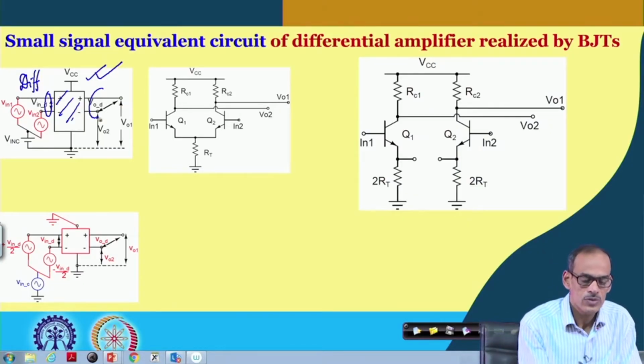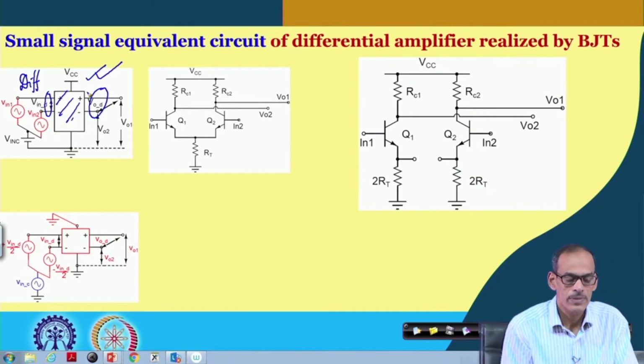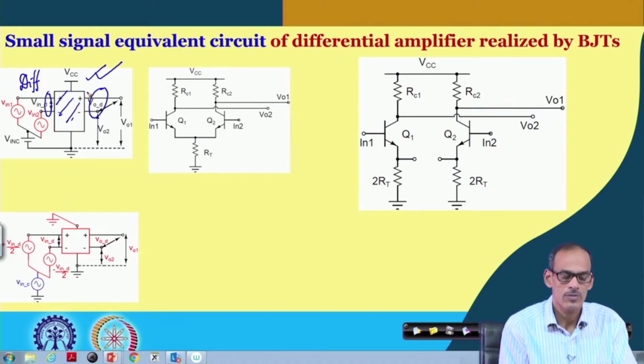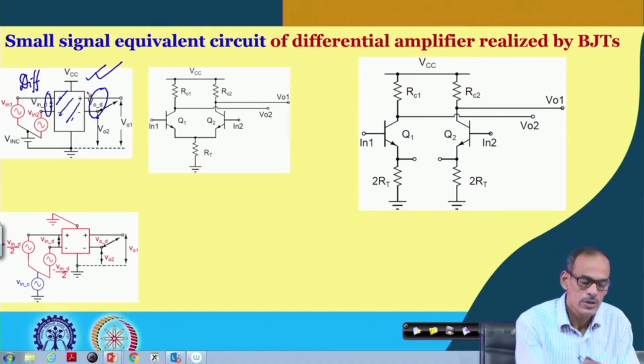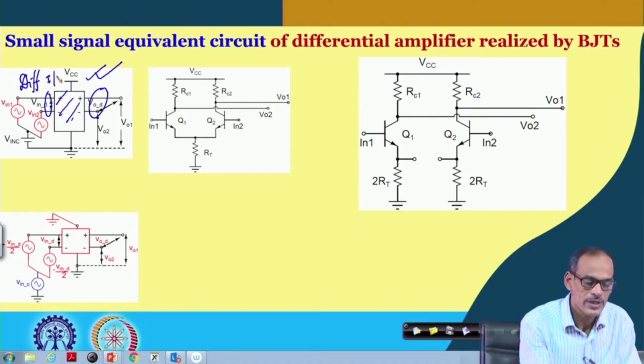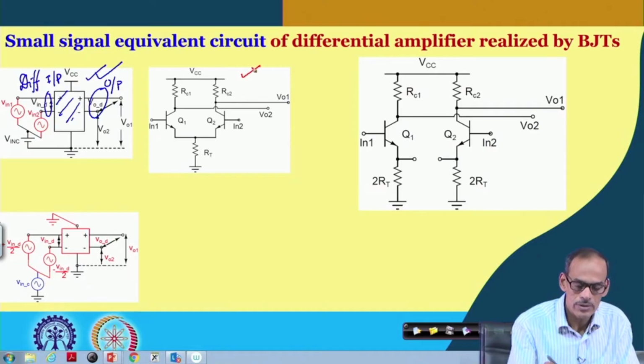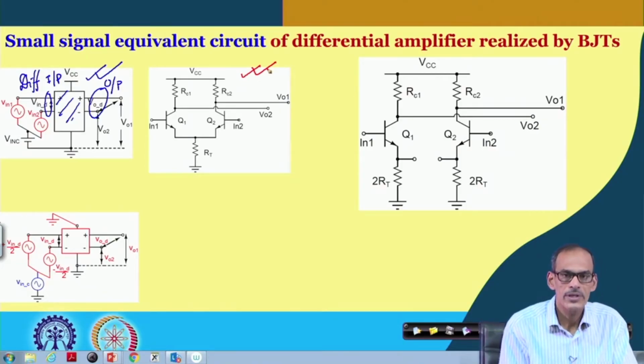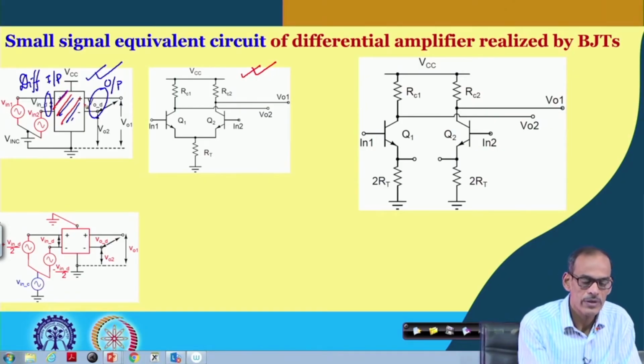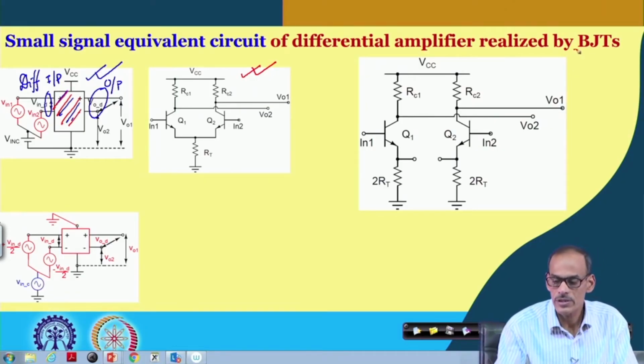Likewise, at the output, the signal we observe is in differential form. Both input as well as output ports are differential in nature, which is referred to as a fully differential amplifier. And here is one possible basic implementation of the differential amplifier by BJT, bipolar transistor.